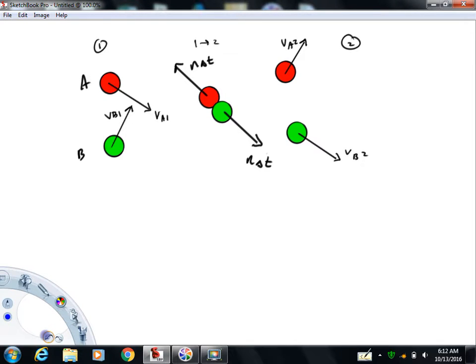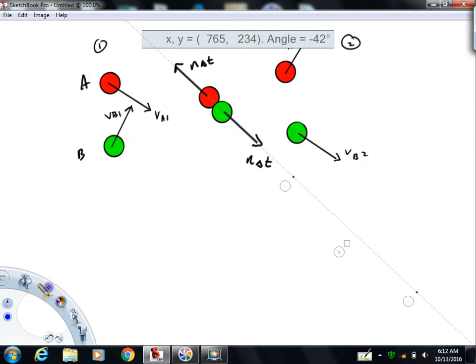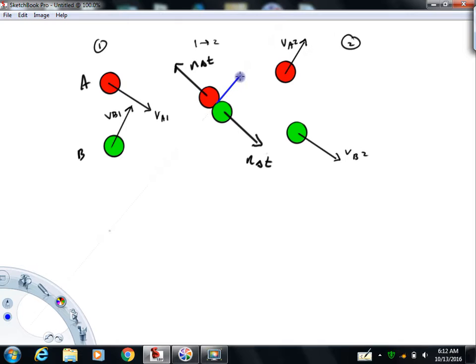However, there are directions where momentum is conserved even individually. So what I'm going to do right now is draw in a coordinate system that I'm just going to call a potential coordinate system for this problem. I'm going to put it right here in this picture because I think right here is where it'll probably make the most sense. I'm going to put a little coordinate system right here.